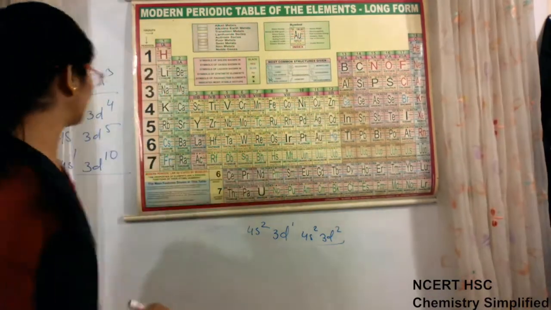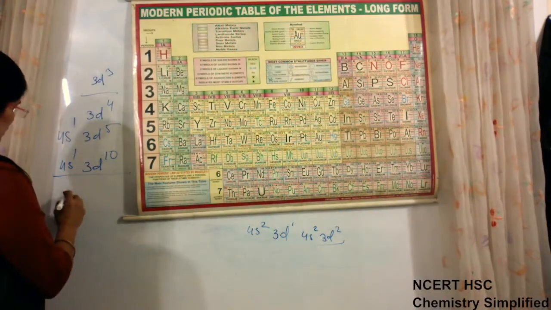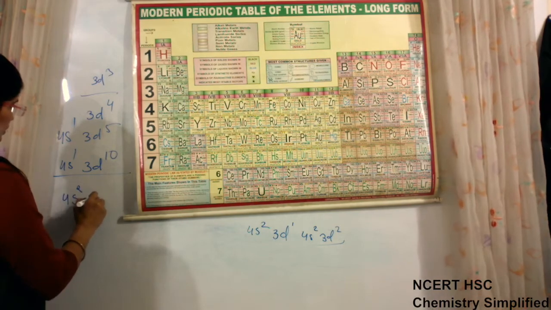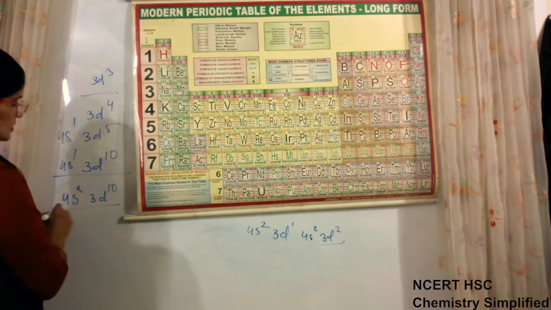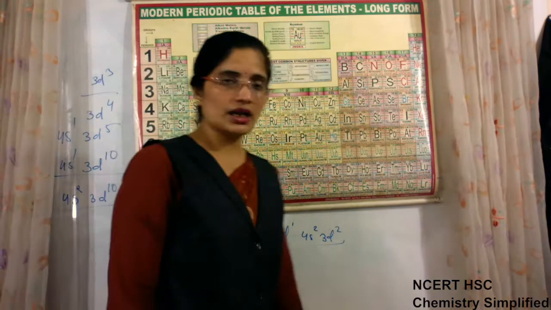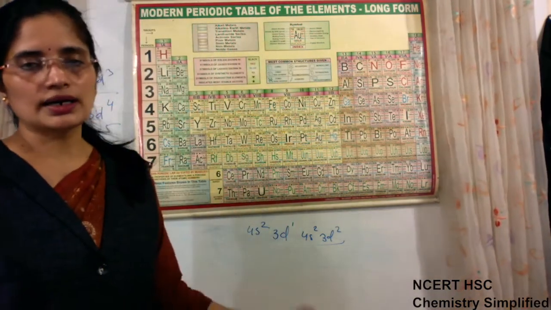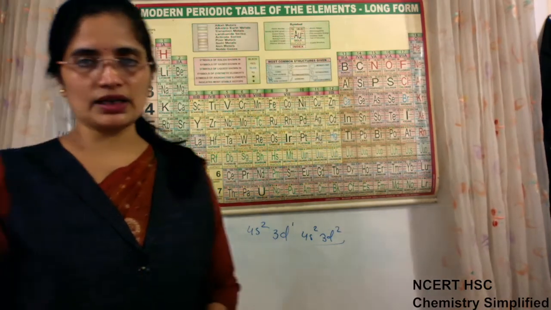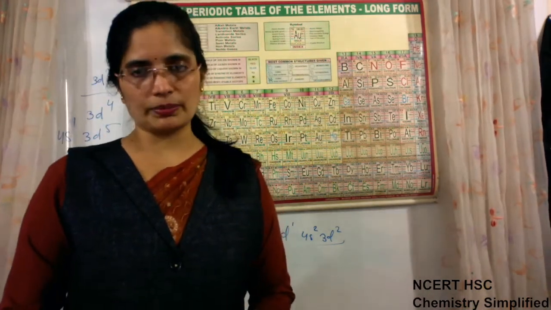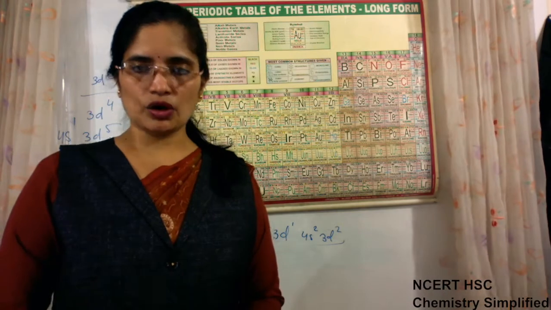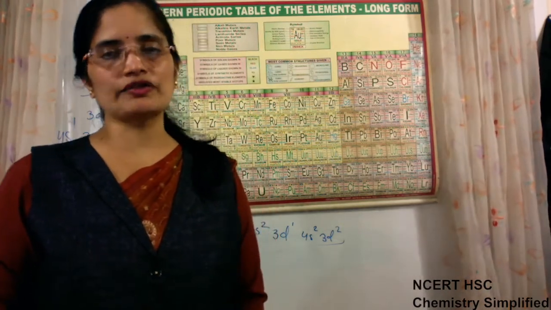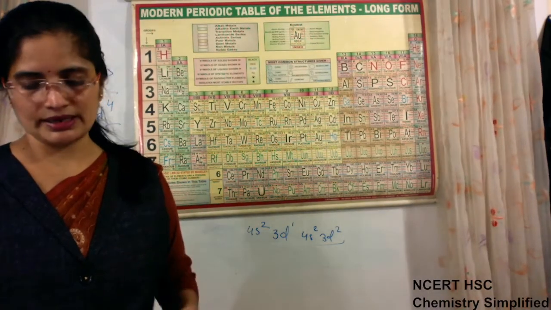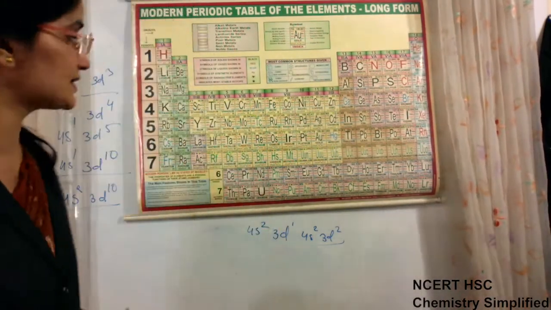Now comes zinc. So this is 4s2, 3d10. This is the configuration of zinc. Now the definition for transition elements: all those elements which have incompletely filled d orbitals either in their normal state or in any of their oxidation states are known as transition elements. Now we will understand the meaning of this statement.